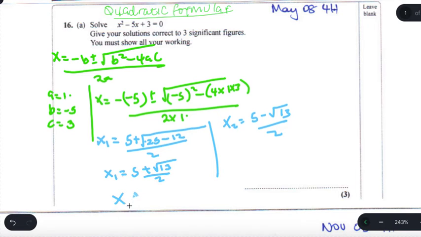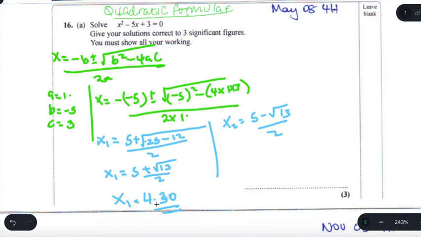So our first value of x, the square root of 13 plus 5 divided by 2, we get 4.30. This will be the answer to 3 significant figures.